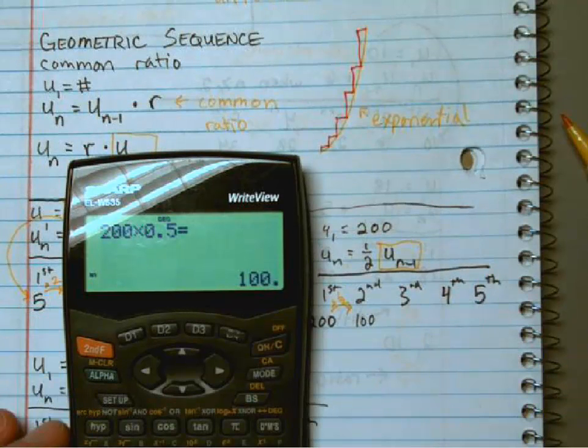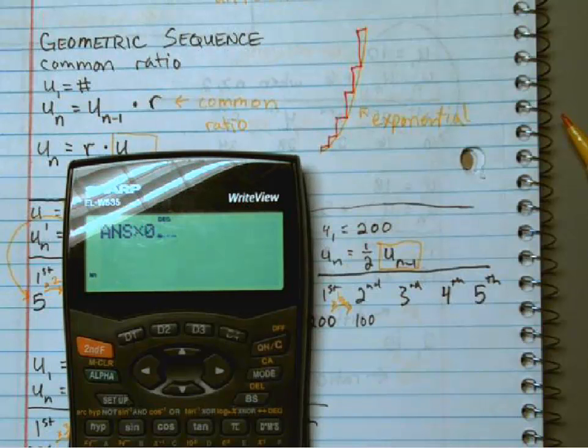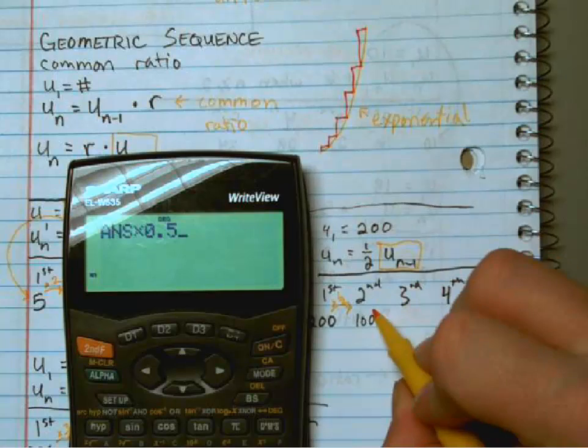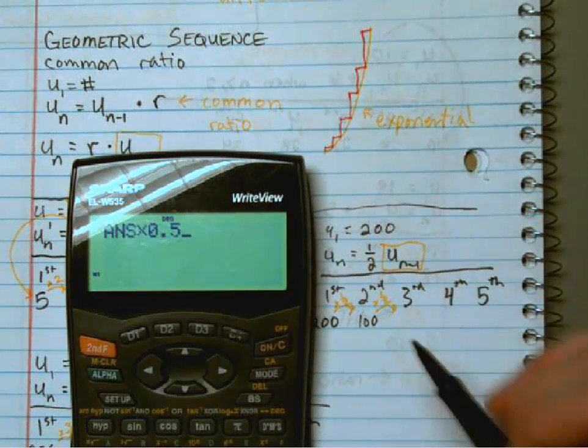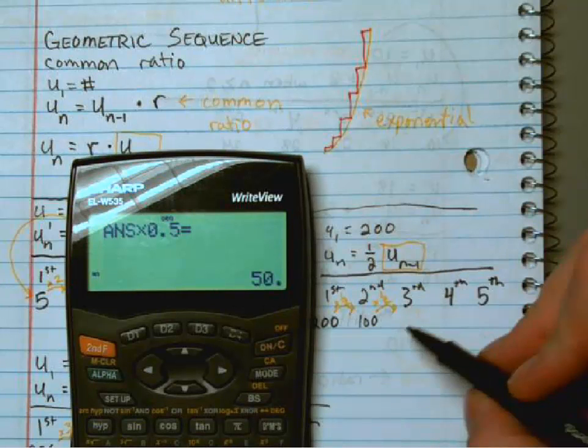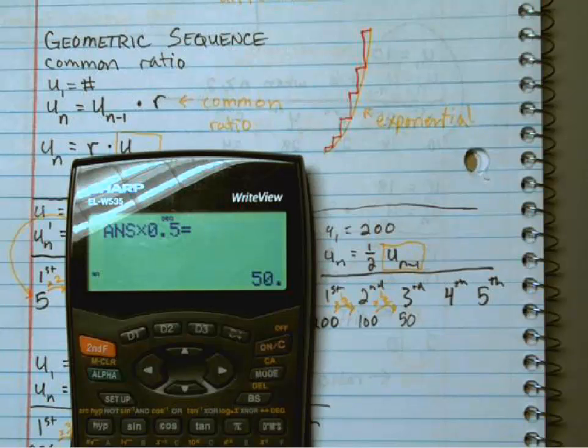Now to get the next number, I'm just going to type times 0.5. Because to go from the second number to the third number, I'm going to multiply by 1/2 again. 100 times 1/2 is 50. Well, how do I get the next number?